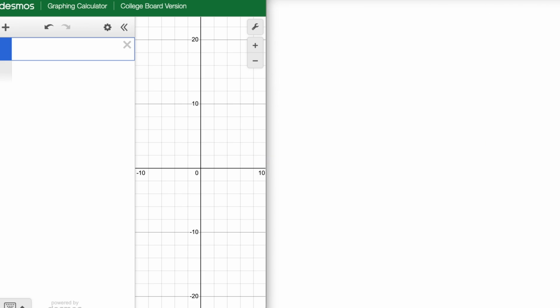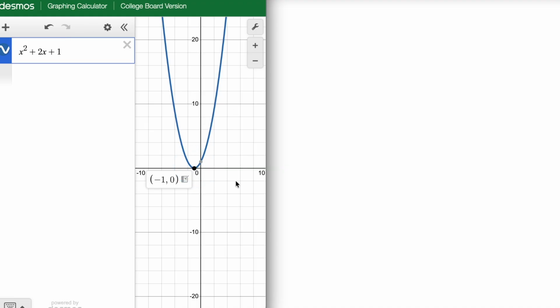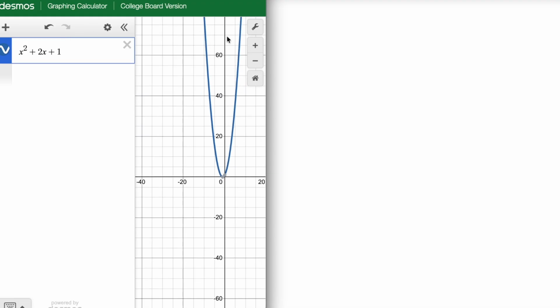Now for the next topic we're going over, which is minimums and maximums. You can type anything in Desmos, say once again, x squared plus 2x plus 1. The minimum here is -1, and there is no maximum because it just keeps going on forever unless it has a certain x value.